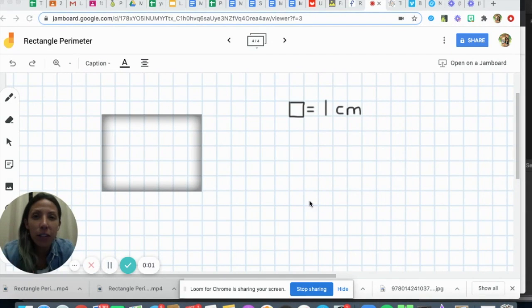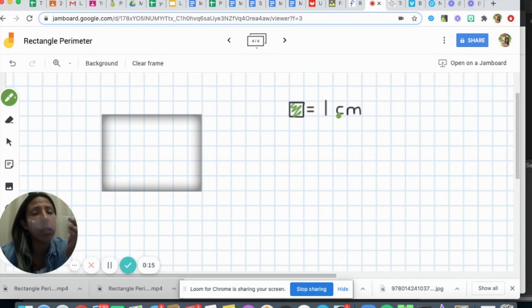Here's where I found loads of mistakes. So you had these rectangles and these instructions that said that 1 square was worth 1 centimeter. So you didn't even have to use your ruler. You just had to pretend each square was 1 centimeter long. So you would just have to count like this. 1, 2, 3, 4, 5, 6, 7.